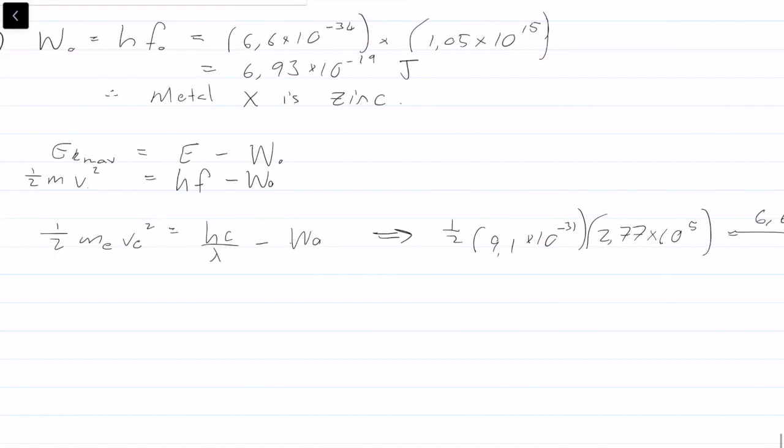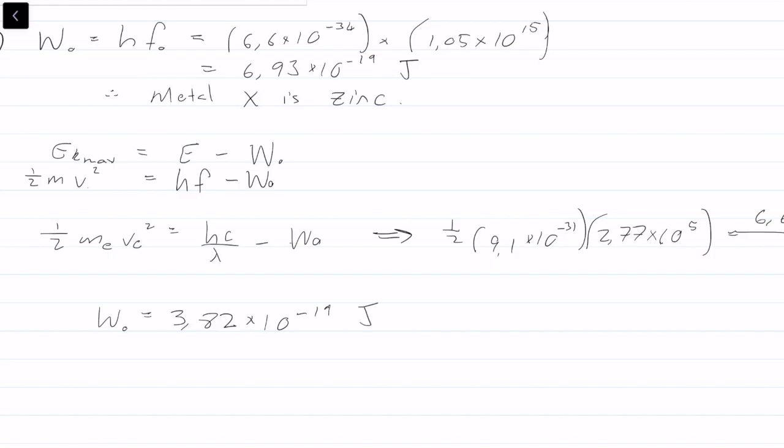Now we solve for the work function, and we get 3,82 times 10 to the minus 19 joules.